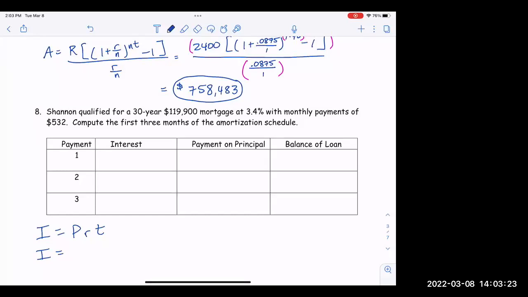For month number 1, for the very first payment that we make, the principal would be how much money we borrowed, right? So we had a $119,900 mortgage. Our interest rate is 3.4%, so 0.034. And then T is time in years, but since this is only for 1 month, it's going to be 1/12 of a year.